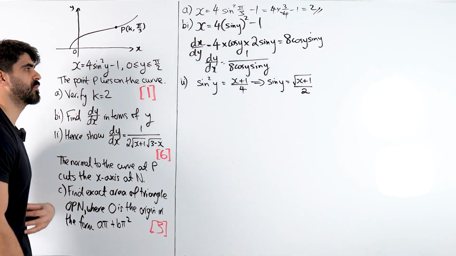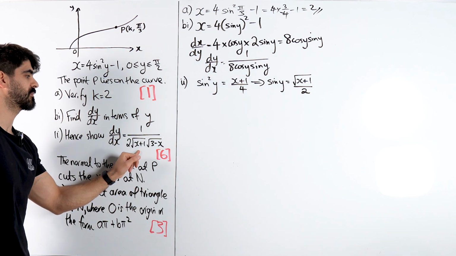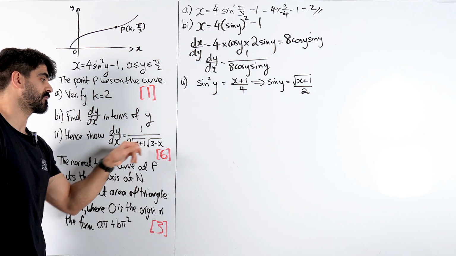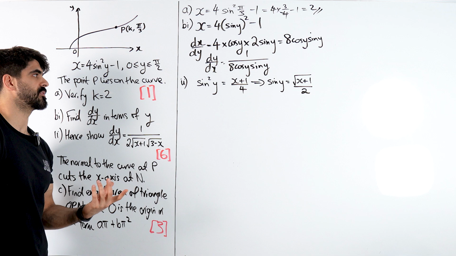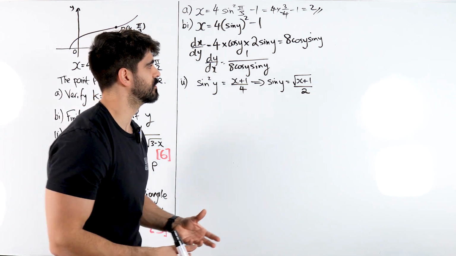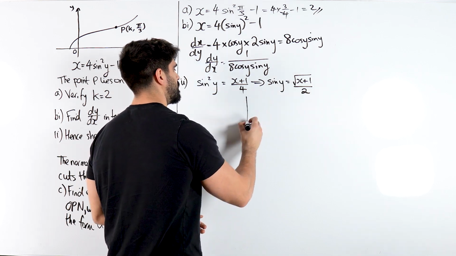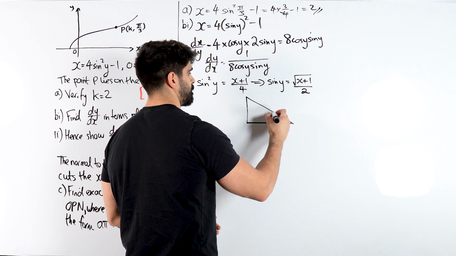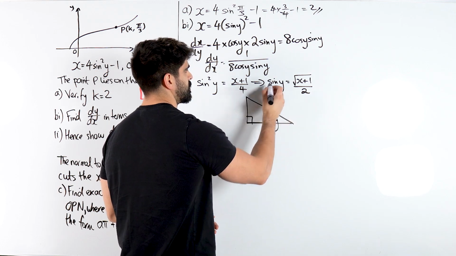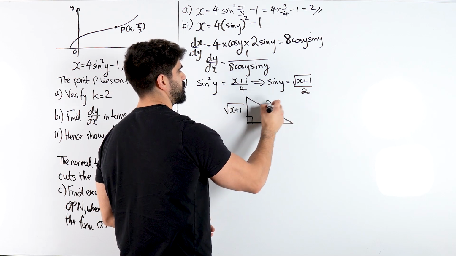Now, in my opinion, the best way to deal with this, because obviously you can see where that root x plus 1 is coming from, is that this thing here is obviously going to be the cos version. The best way to do this, guys, is just use the triangle. Don't be using the identity sine squared plus cos squared is 1. Okay, we're going to look at this triangle. The angle is y. Sine is opposite over the hypotenuse.